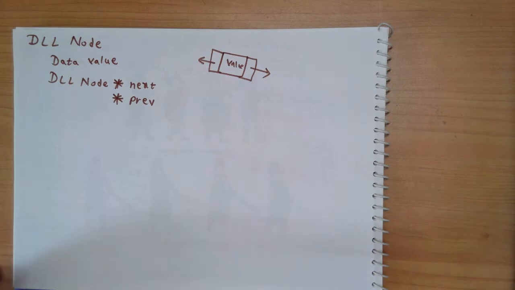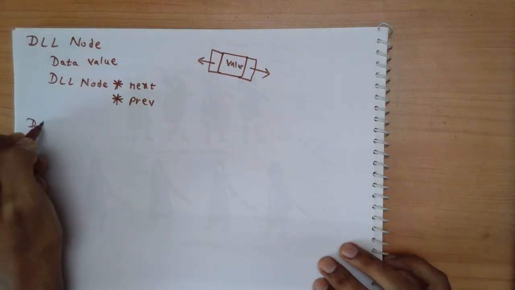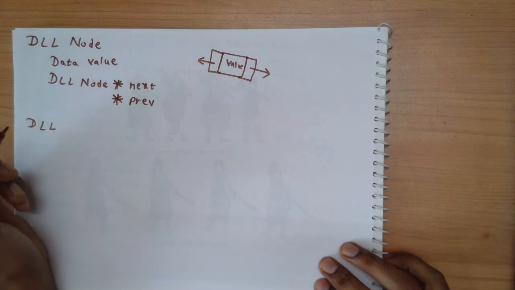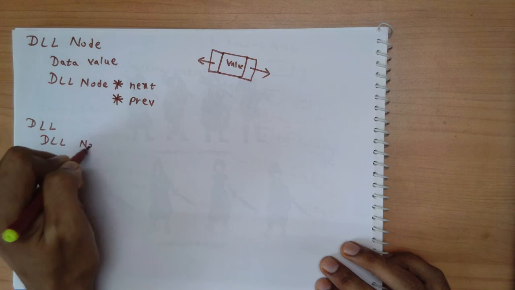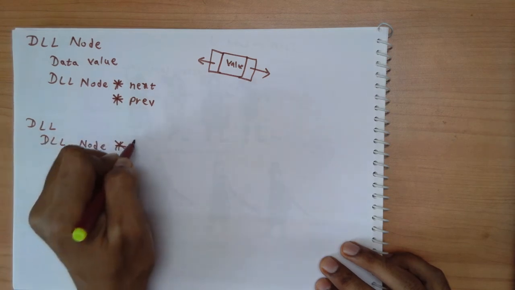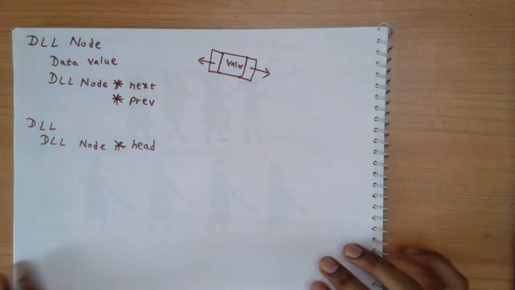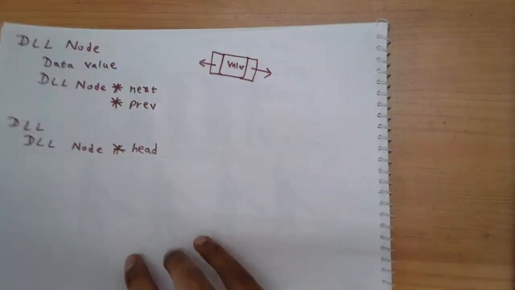And now I'm going to define my doubly linked list. All it will have is a pointer to a node, and let's call it the head node. If you compare this against the singly linked list, it looks quite similar.